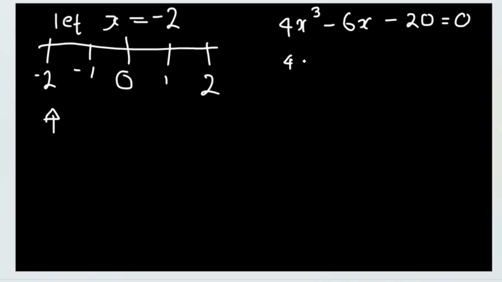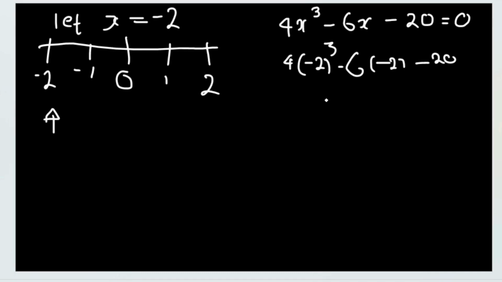So if we put minus 2 into minus 6x here, minus 6 into minus 2, minus 20, what do I get?